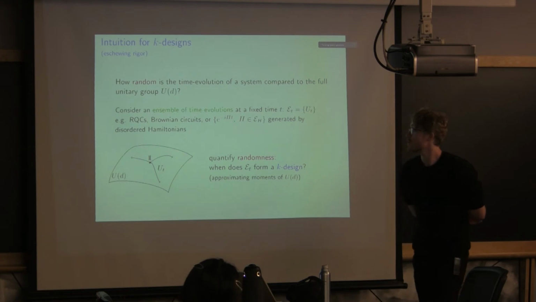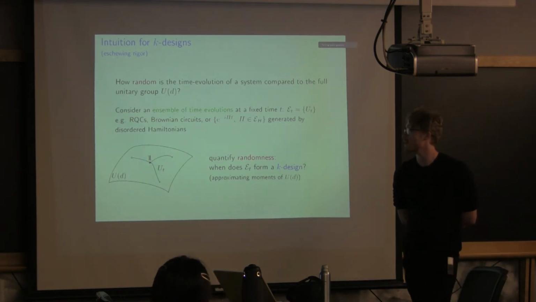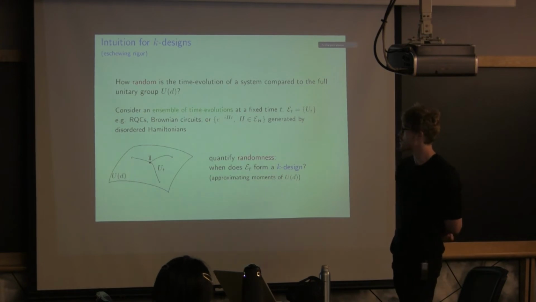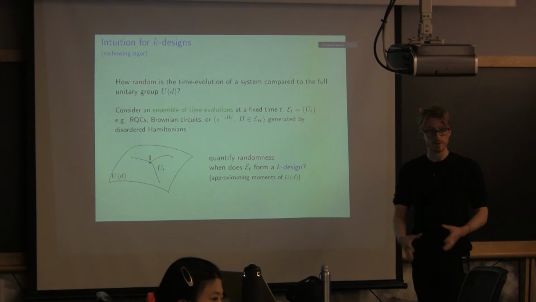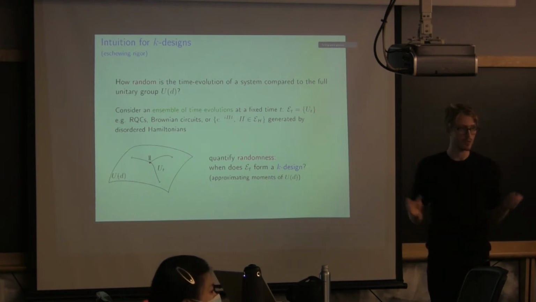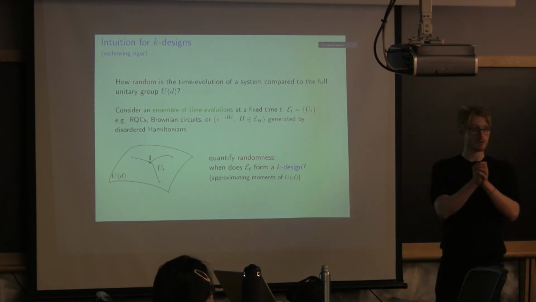Another intuitive way of thinking about what a design is: you can ask how random the time evolution of a system is. So you consider some ensemble of time evolutions. Those might be random circuits, or your favorite disordered spin system, so e to the iHt with disordered h's. At time equals 0, it's just a bunch of points sitting at the identity.